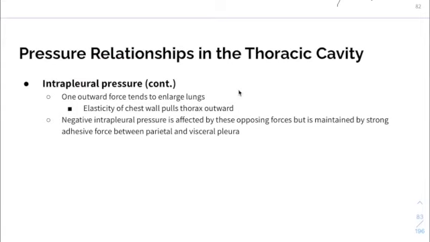If we have a negative intrapleural pressure, it can affect the different forces, but it's maintained because we have a strong force between the visceral and parietal layers of the pleural cavity.